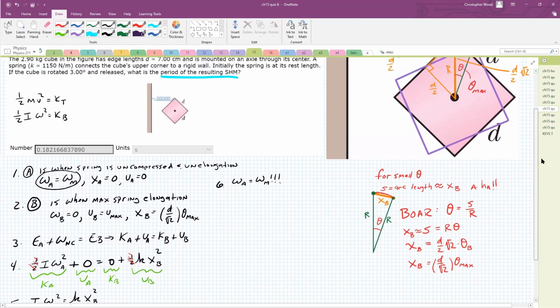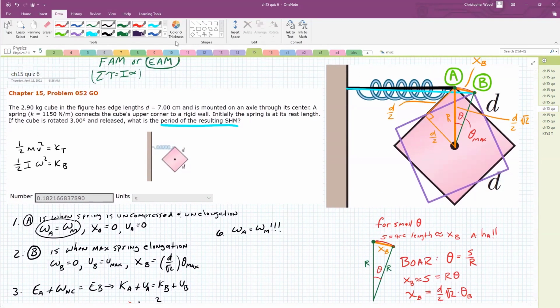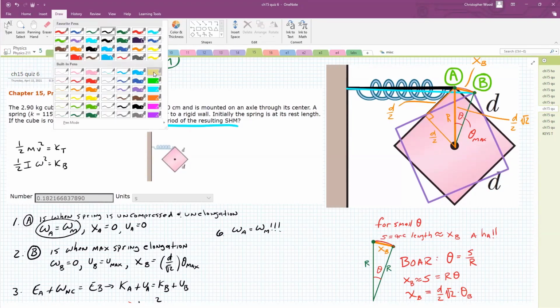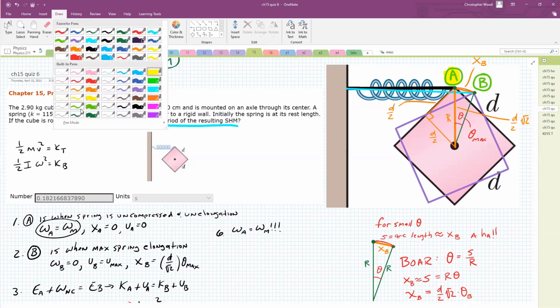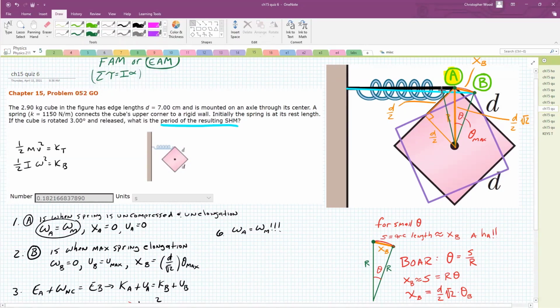Let's get a visual confirmation. So at A, when this pink block is at position A, it's at the halfway point. So it's at its peak velocity at that halfway mark, because remember, this is going to continue to rotate past that point to 3 degrees on the other side.